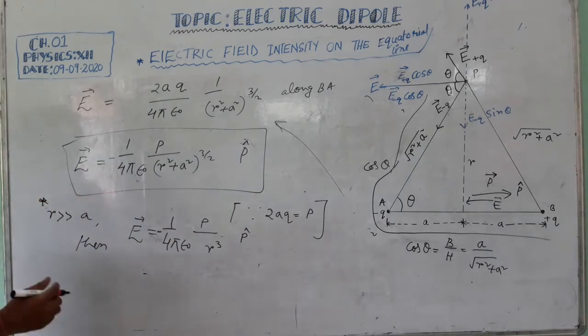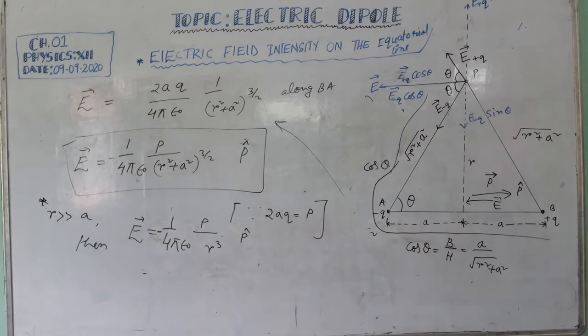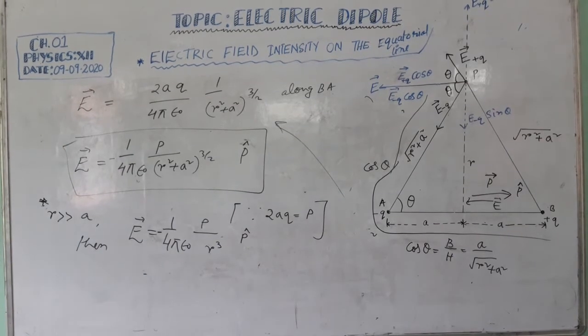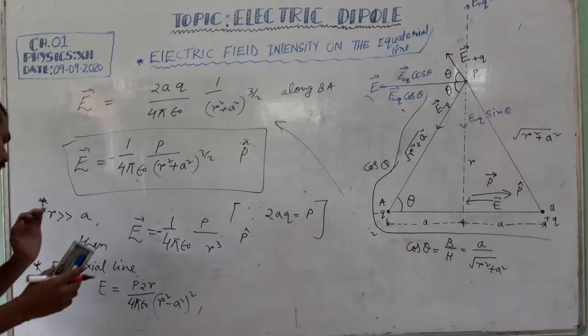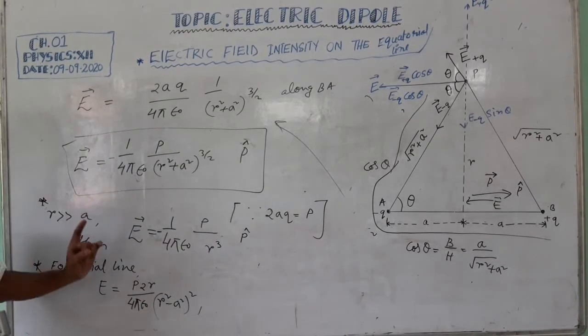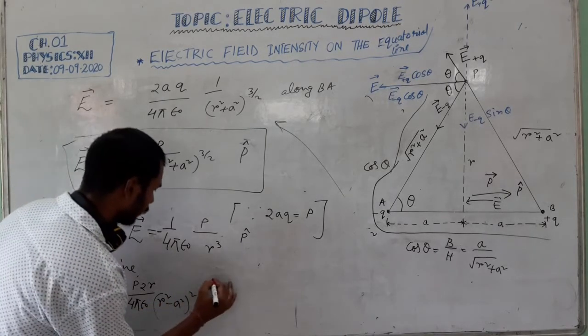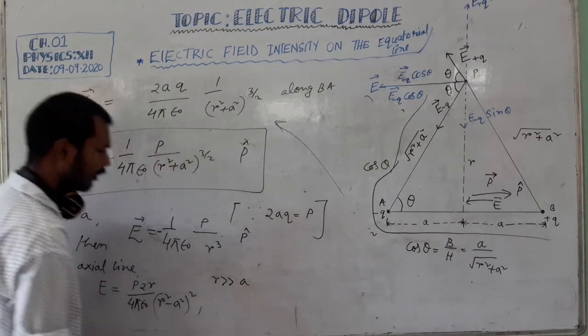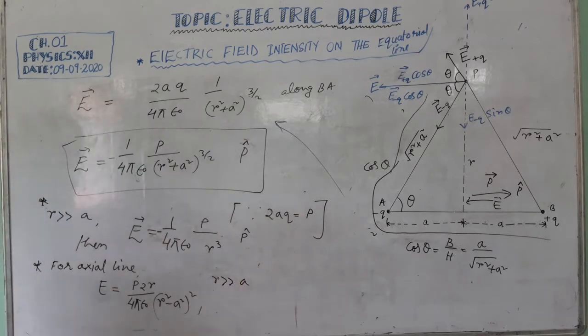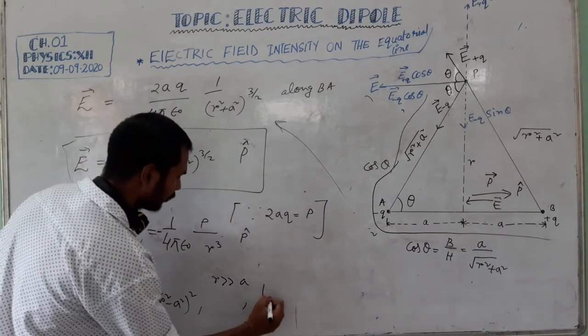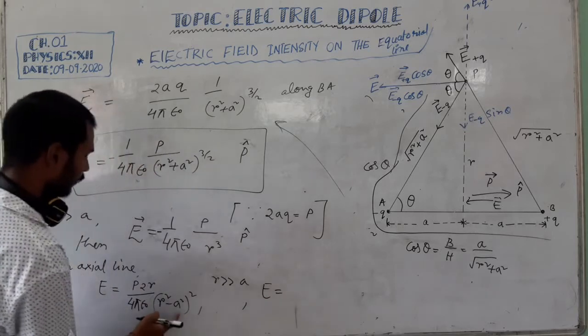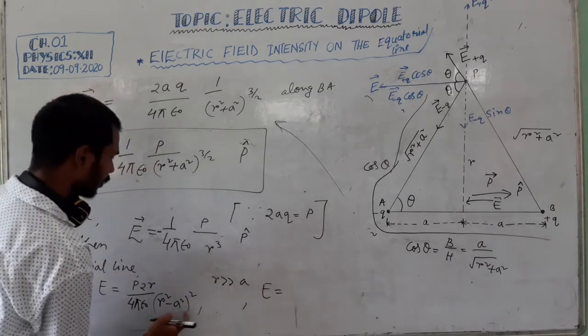Clear? Now let us discuss a case for the axial line also. Let us take r very much greater than a for the axial line. Then what is the modification in the electric field? Cancel this a square because a is very small compared to r.